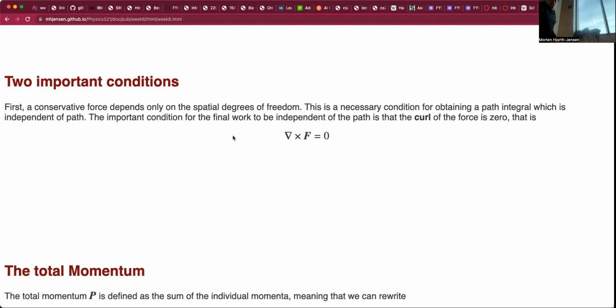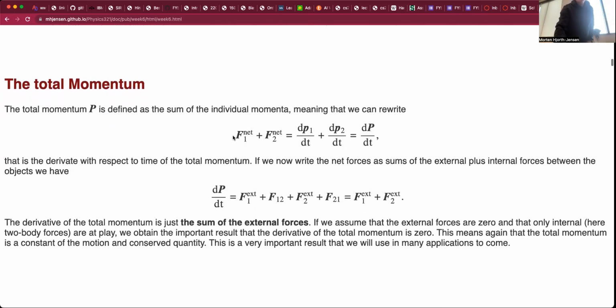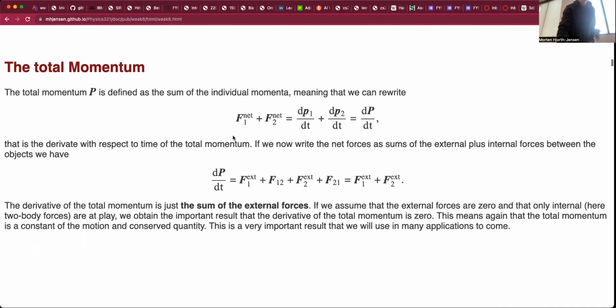And that's a very powerful mathematical statement. So the things which we looked at last time, I'm going to repeat some of these now when we begin on the whiteboard. I just wanted to quickly remind you of some of these things. If we have two objects, 1 and 2, the total force is given by the derivative of the linear momentum of the first object and the second object.